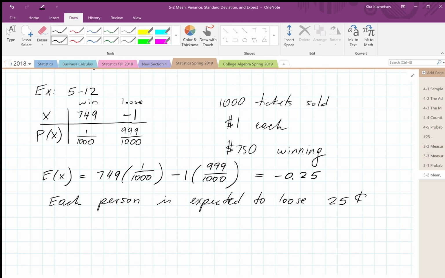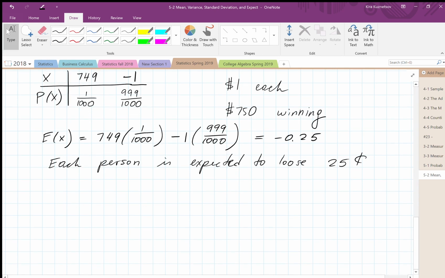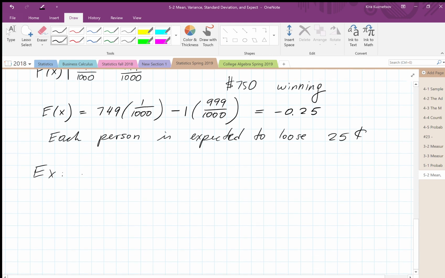Let's take a look at another game. This is 5-13. 10 cards are selected from a deck of Uno cards. There's 2 cards numbered 0, 1 card numbered 2, 3 cards numbered 4, 2 cards numbered 8, and 2 cards numbered 9.